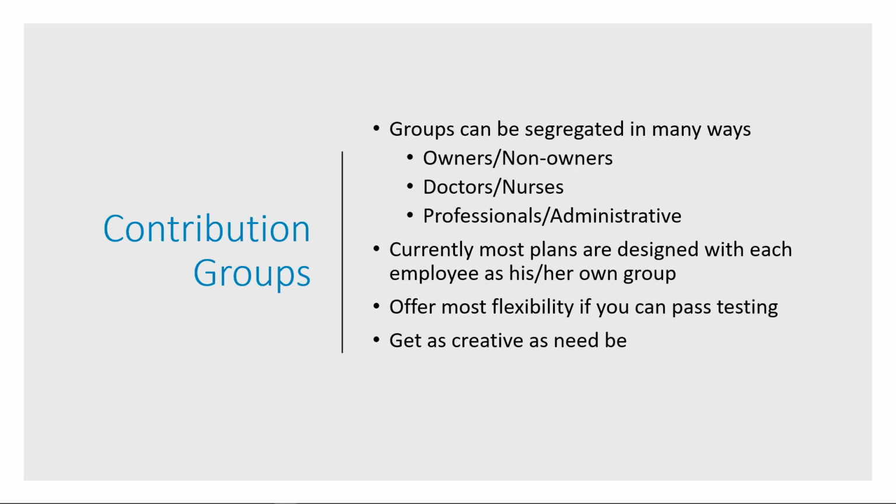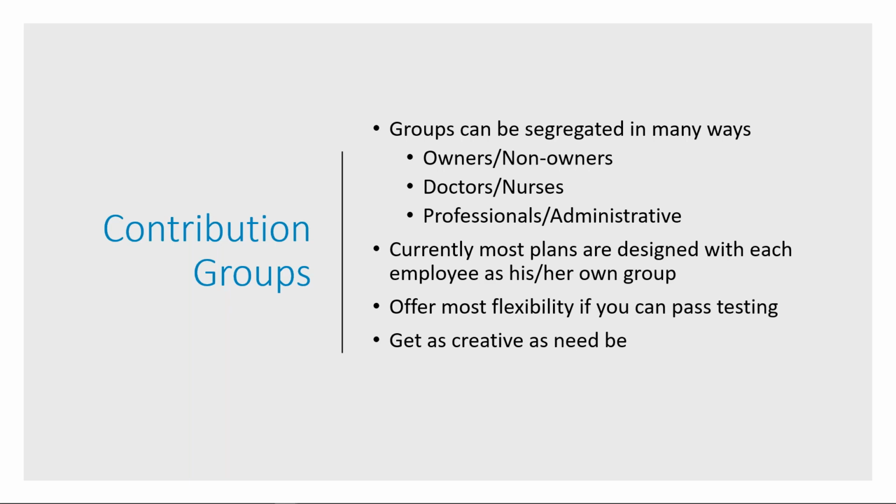I've seen plans where we were able to design it such that there were really great benefits for the owner and most of the employees, and then one employee, typically a younger person, we give a little bit additional benefit.